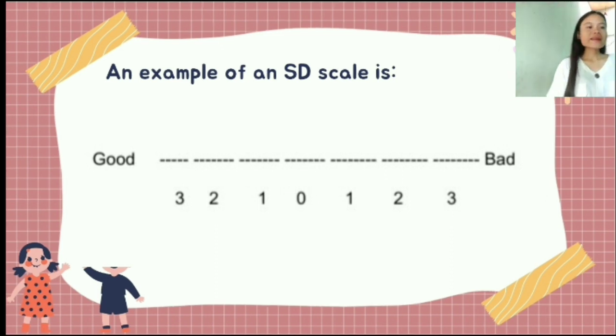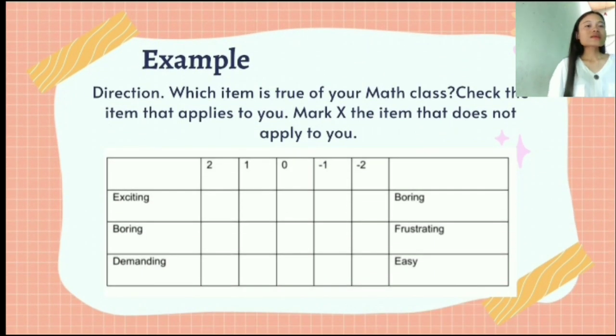So I have here another example for you to really understand. In this example, a student is asked to assess his science class as a whole by way of a semantic differential scale as shown below. So direction, which item is true of your math class?